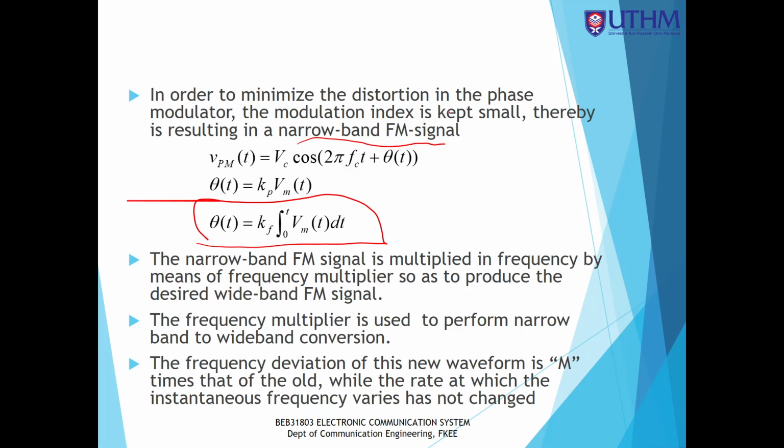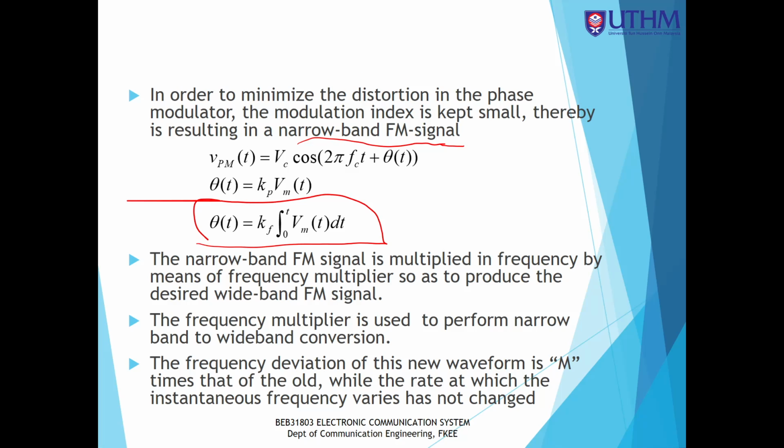So, apa yang terhasil adalah sebenarnya signal PM, tetapi dia adalah indirectly FM signal, iaitu narrowband FM. Secara tak langsung, you akan menghasilkan narrowband FM. Okay, kaedah phase modulation ini secara tak langsung menghasilkan narrowband FM.